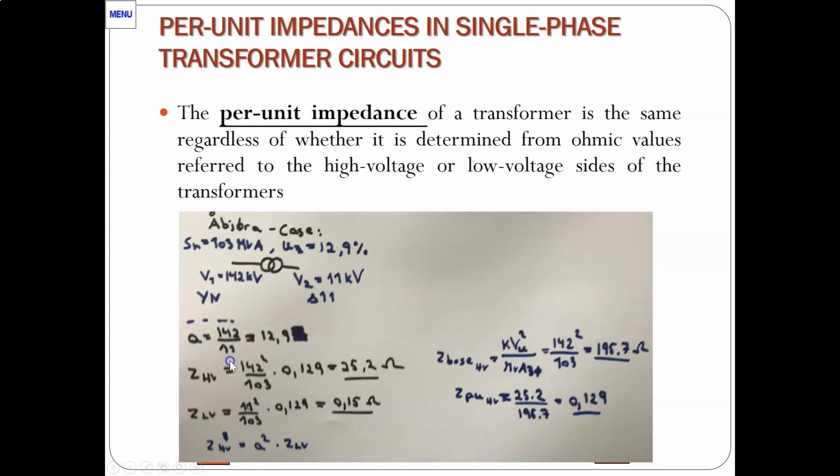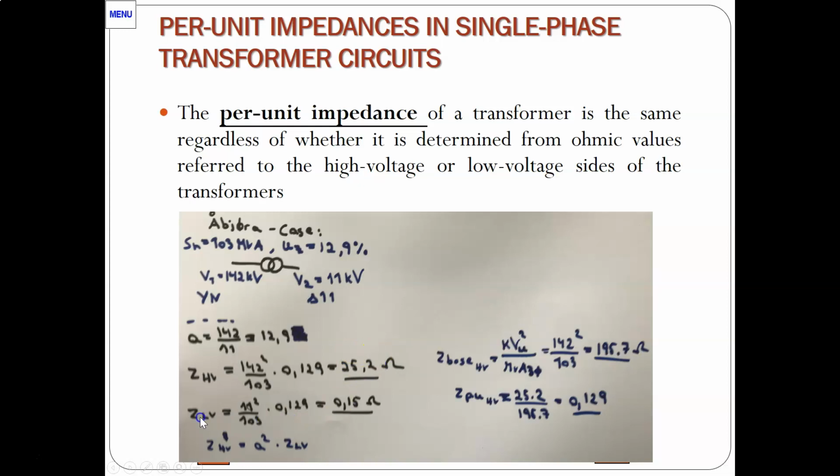So the ratio, as we know, is 142 divided by 11. The impedance on the high voltage side can be calculated based on the voltage squared divided by the apparent power, and of course the per unit value of the impedance. Then you will get the value on the high voltage side for impedance.